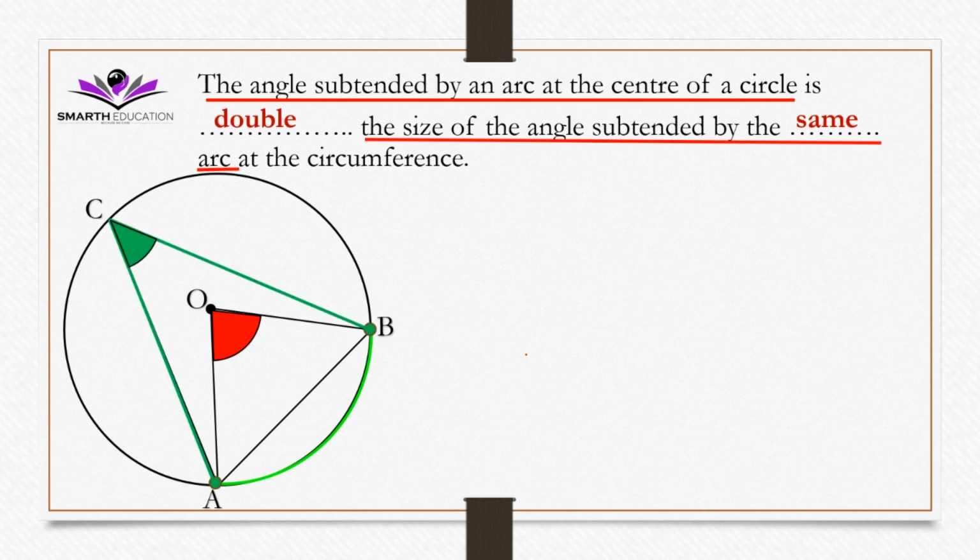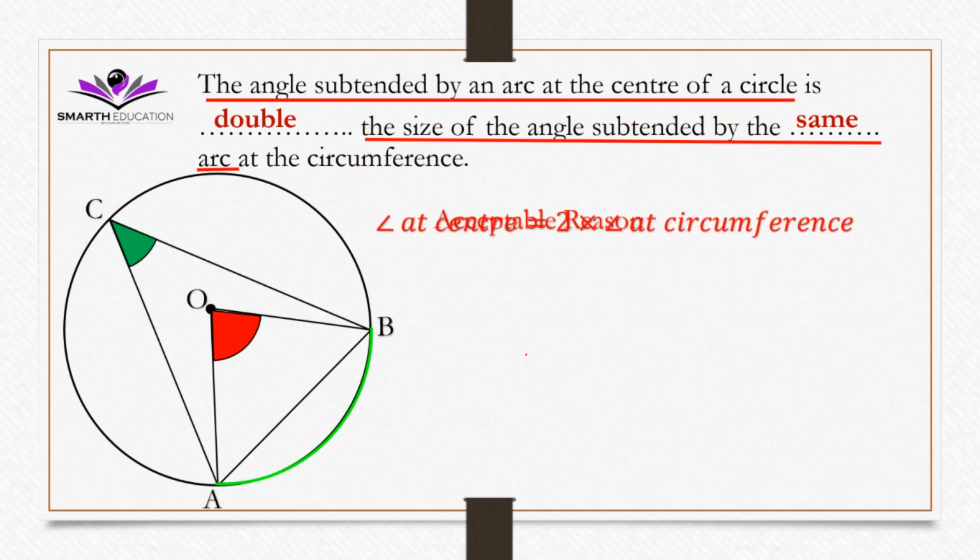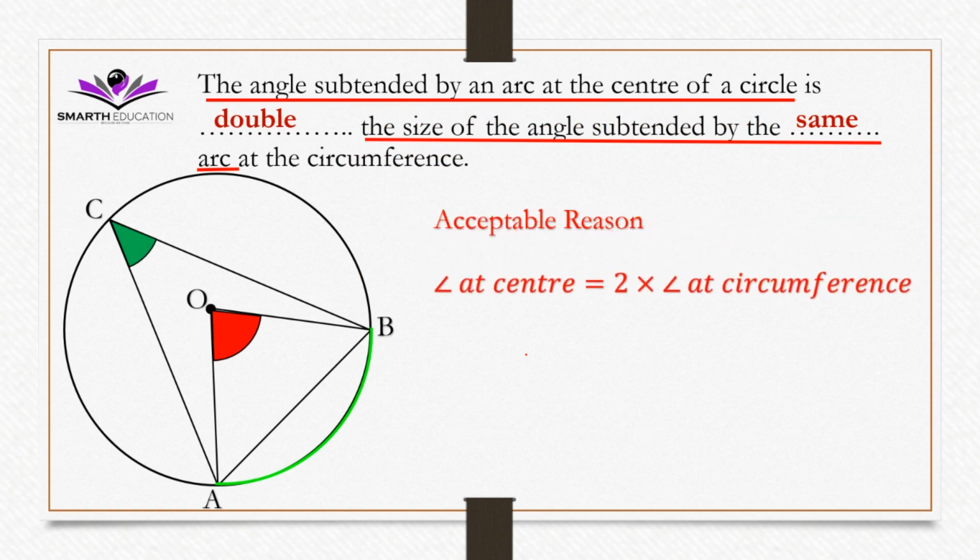Angle ACB. You see that? So it means angle AOB is two times angle ACB, and we want to prove that. Now we have to remember the reason that we write. We say angle at center equals two times angle at circumference.